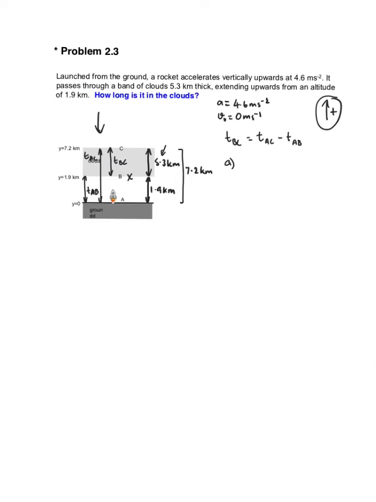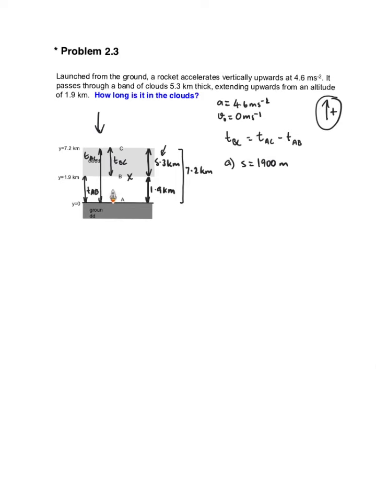So we have S is 1,900 meters. Our displacement is 1,900 meters. The final velocity is missing, so we see what we've got. We've got acceleration, initial velocity, displacement, and we're looking for time.